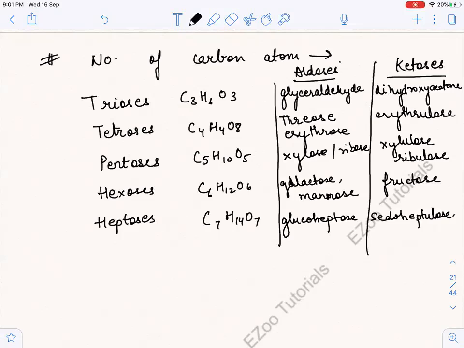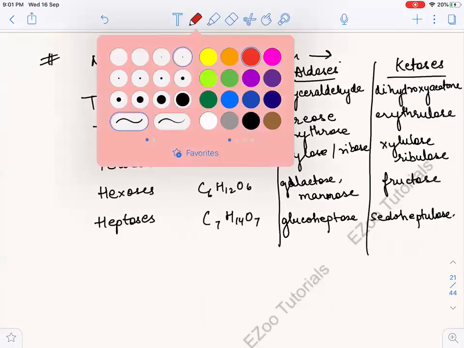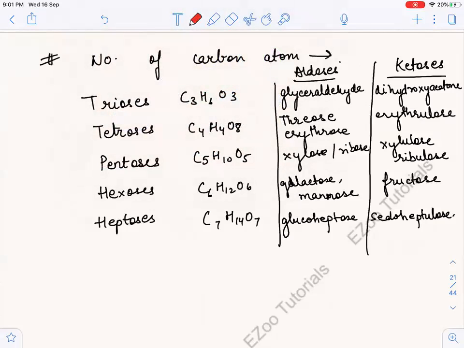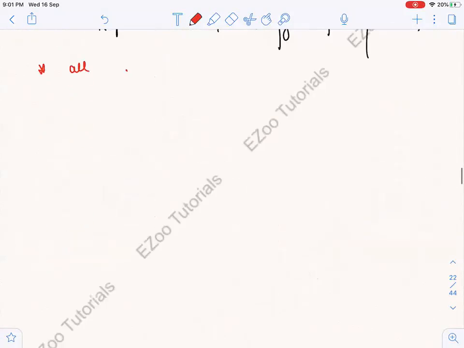Okay, now let us see some general facts about them, right? So now if we see, I'll tell you something about dihydroxy acetone. The thing that I want to tell you is that all the monosaccharides contain one or more chiral carbon.